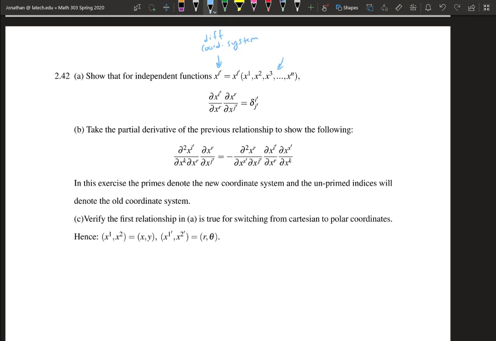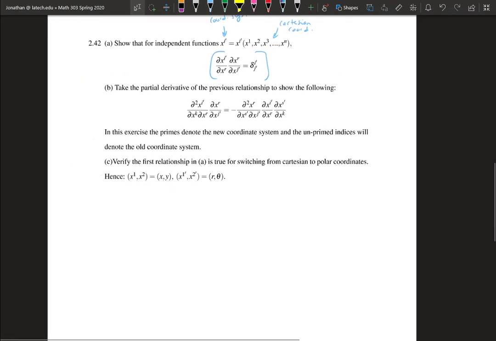You could think of the unprimed as n-dimensional Cartesian coordinates. So primes are just a different coordinate system. Unprimes are the original coordinate system, like the Cartesian coordinate system. Part A says, show that for independent functions xi prime, that this relationship right here is true.